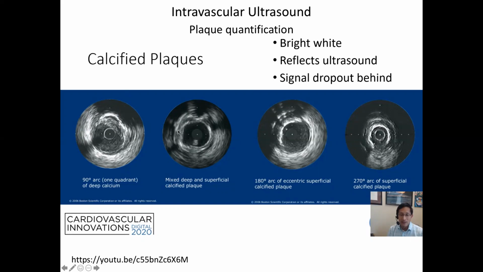Here you've got mixed calcium all over the place. You see these shadows are cast about, plus these bright things here. So you got calcium at all different depths in this lesion.